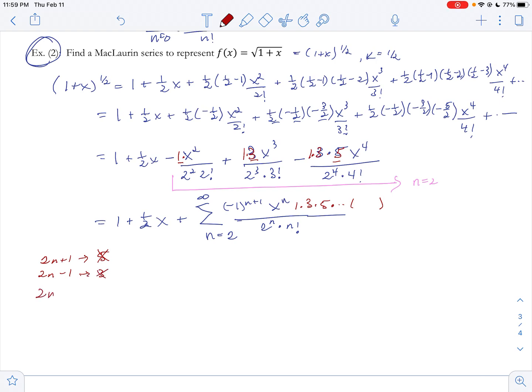If I subtract 2, it'll become an even number, so I'm going to subtract off 3 instead and see what happens. So now when I plug in 2, I get 4 minus 3, which is 1. Okay, that works. When I plug in 3, I get 6 minus 3, which is 3. That works. When I plug in 4, I get 8 minus 3, which is 5. That works. So that one works. So that's the best expression to use for that.